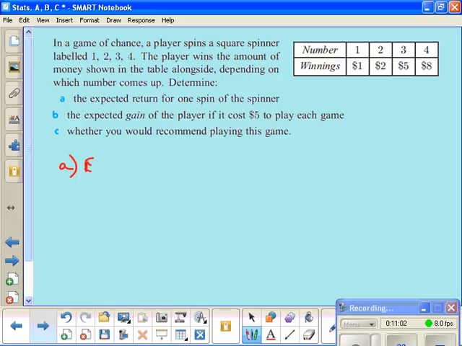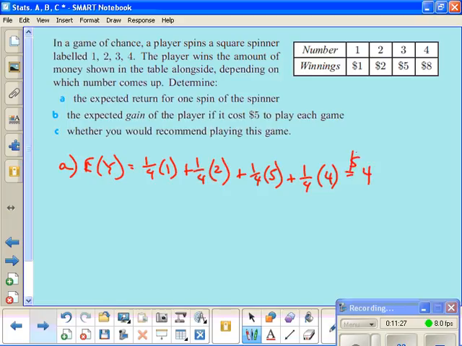The expected value of y is 1/4 times 1 plus 1/4 times 2 plus 1/4 times 5 plus 1/4 times 4, if they are all equal. If the spinner has equal space for those, that would be the expected outcome. So the expected outcome is $4 if I add all that up.